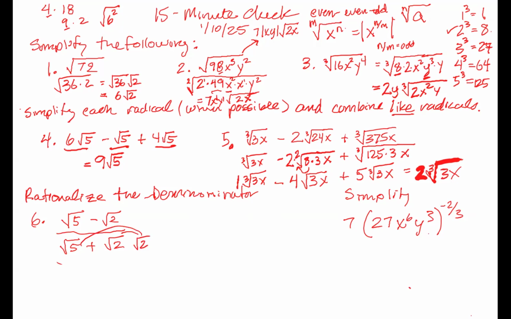And so anyway, that's not the fastest way to do that. What we do is whatever we have there, we want to multiply it by its conjugate, which is the same numbers, but opposite, square root of 5, opposite sign. So if it's being added, we write it as a subtraction.